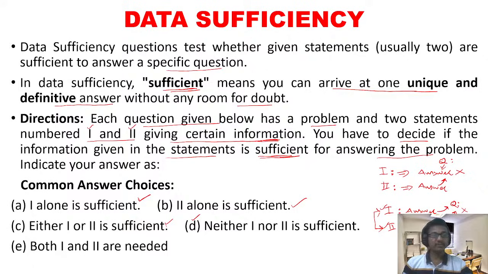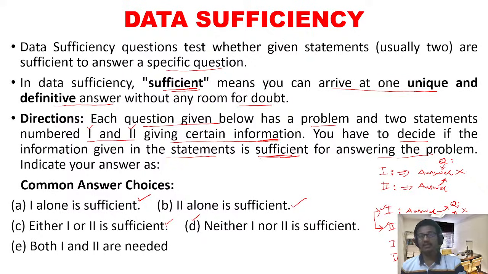Then the fifth option, both 1 and 2 are needed. That means from statement 1, you get some percentage, say for example x percentage, of the solution, and from statement 2 you get the remaining percentage.